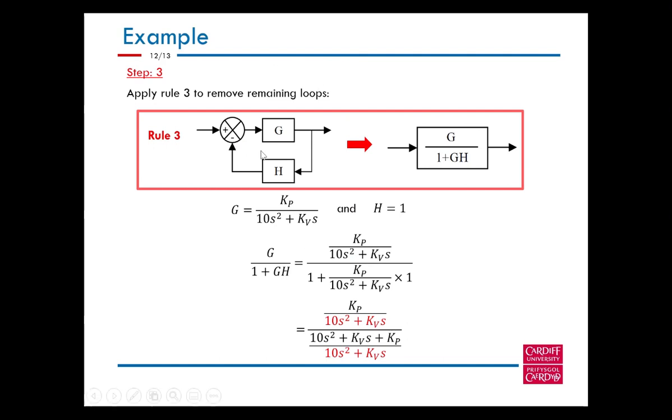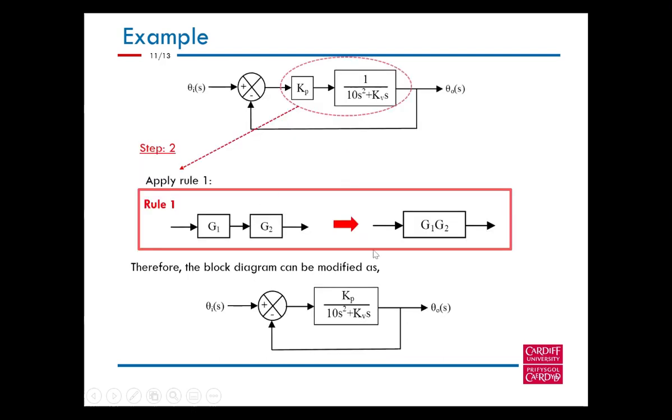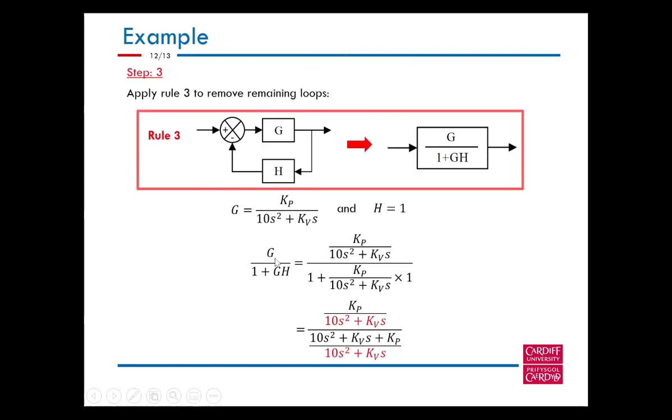In this case, G is the new block we just developed, and we have an H. Because there is nothing in the path of the feedback, H is just 1, so you will have a straight line pointing to the minus here. So H equals 1, and G equals this term.